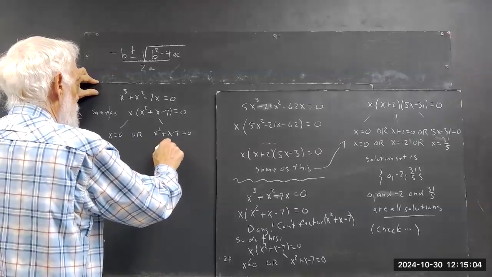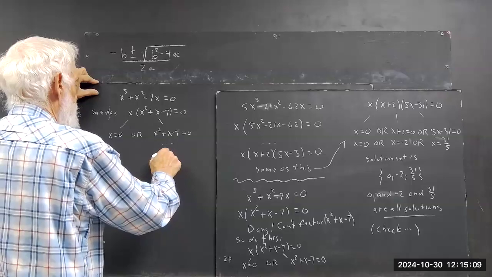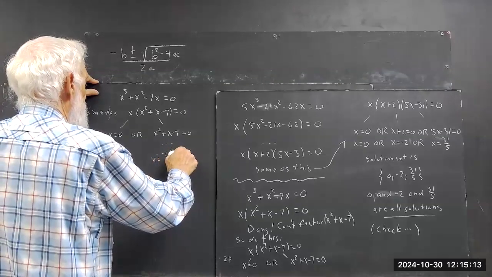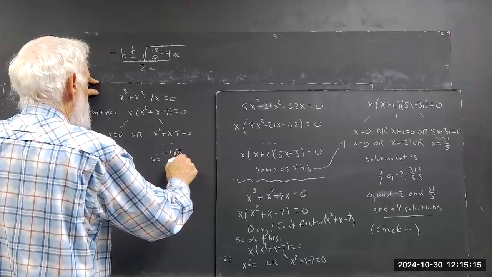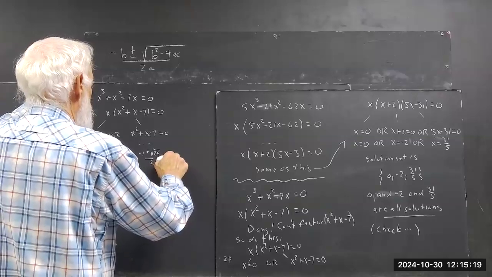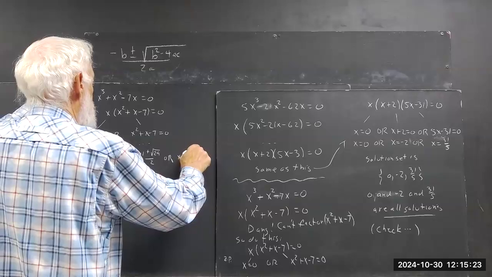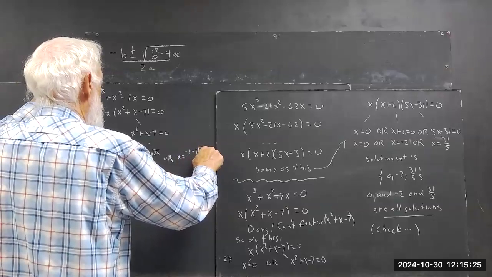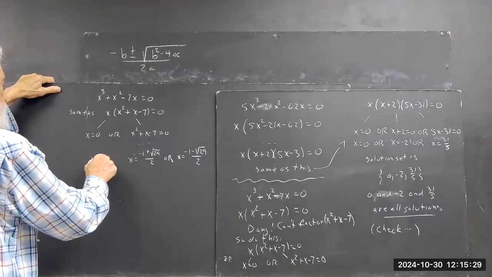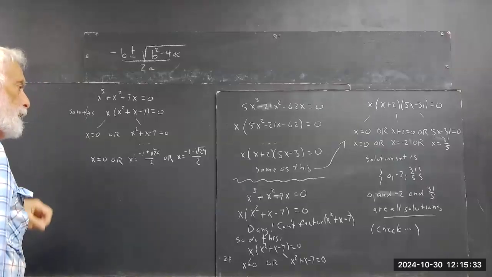This, by the quadratic formula, is x equals -1 plus the square root of 29 over 2, or x equals -1 minus the square root of 29 over 2. And of course, we have x equals 0 or this or this.